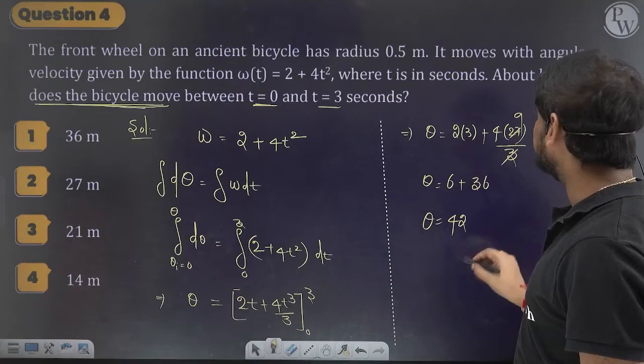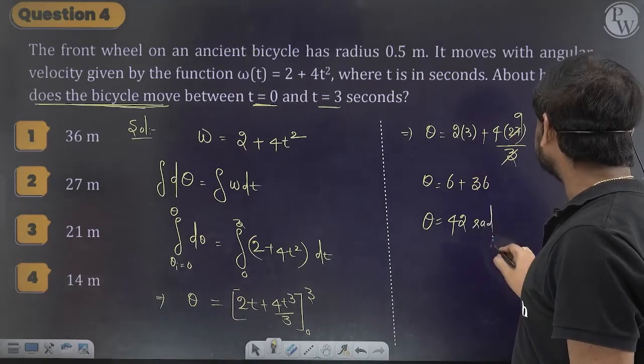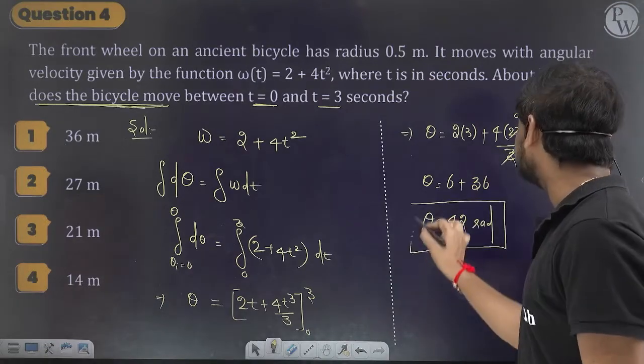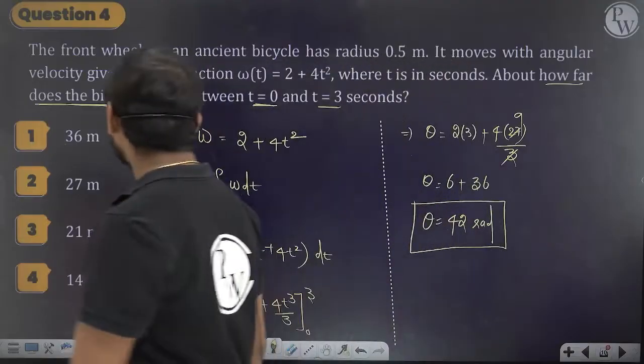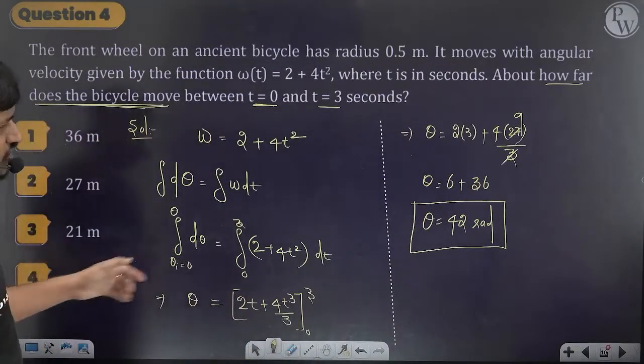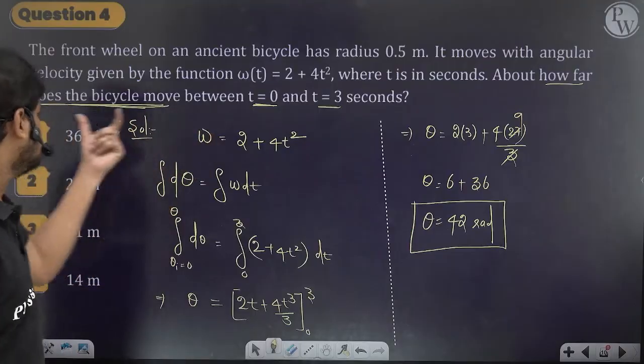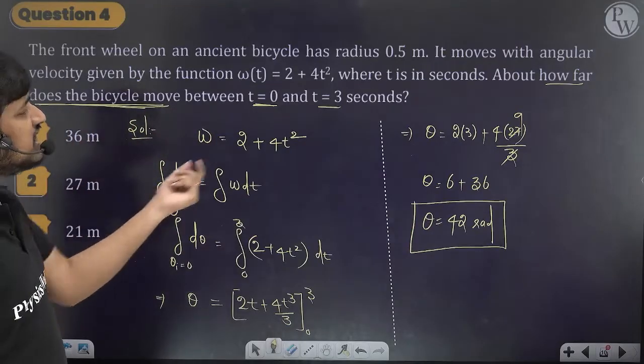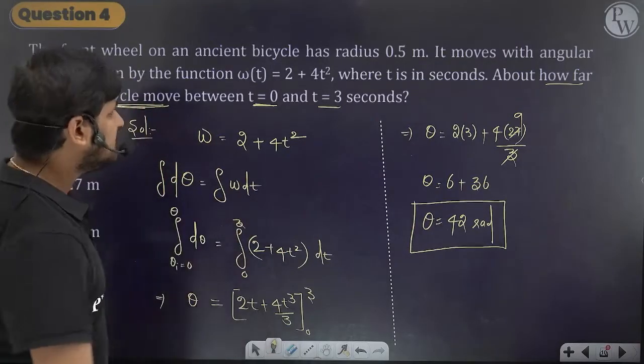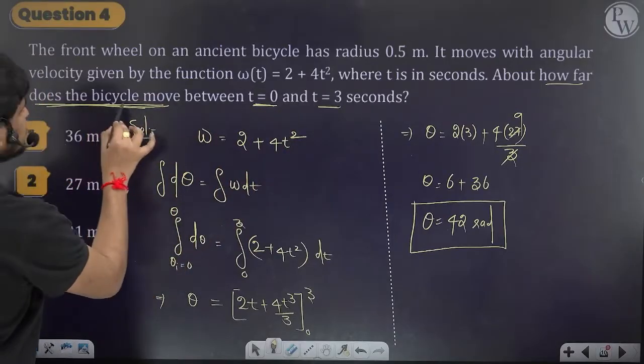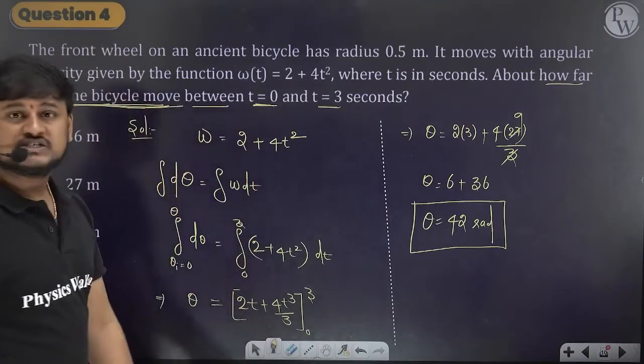So what is this 42? This 42 is the angular displacement, in radians. But check the options, and don't put 42 even if it is there in the options, because it's an angular displacement. What they are asking is how far the bicycle moves, the linear displacement.